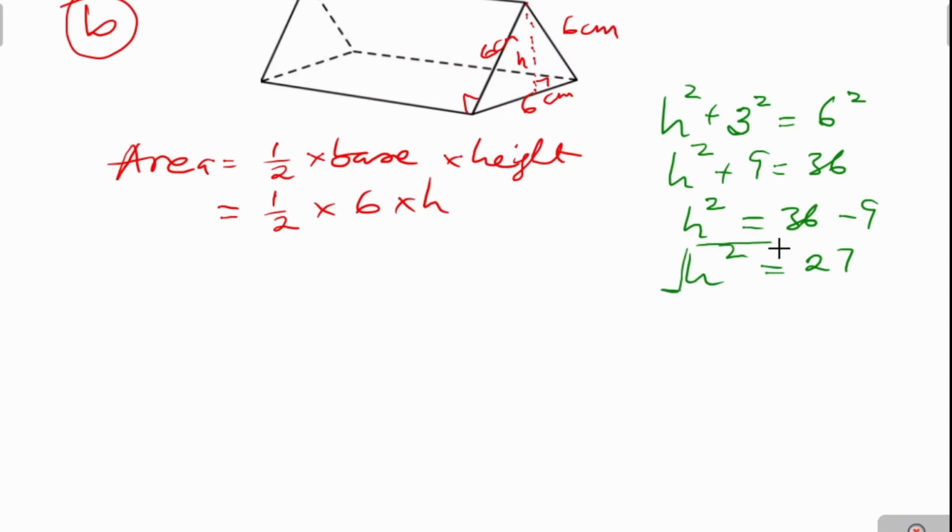Taking the square root of both sides, h will be equal to 3 root 3 when we reduce this, or its equivalent in decimals. But I would like to use it in the radical form because with this I'm not doing any approximation, I'm using a raw figure.